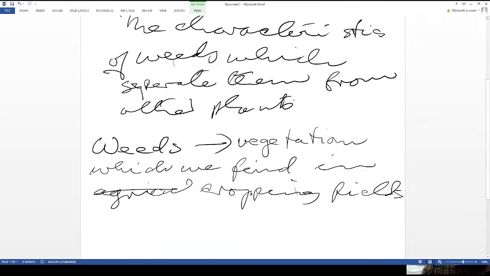So it's simply vegetation which we find in agricultural fields.